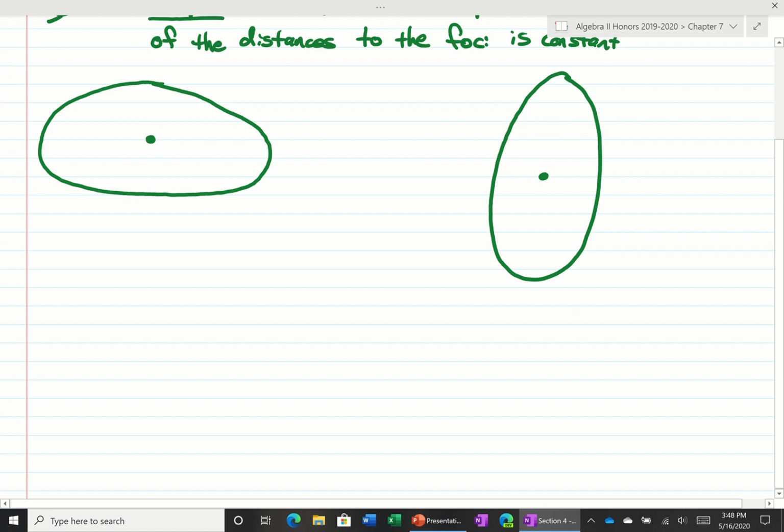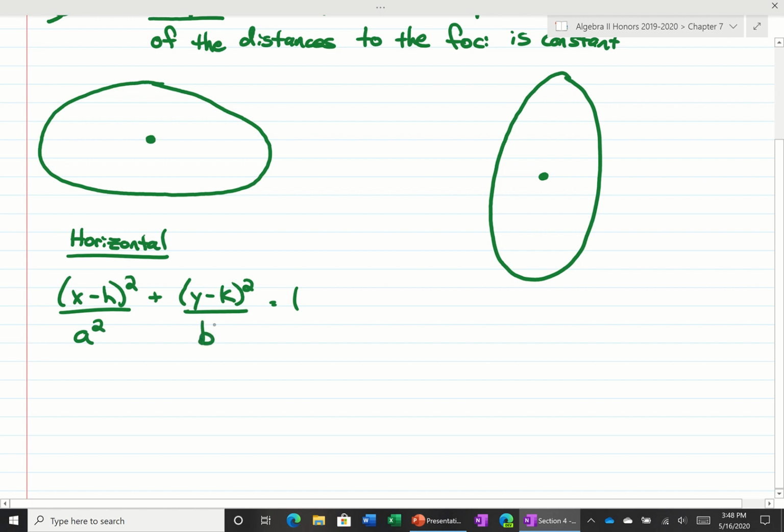The difference in the equations would be, if it's horizontal, the equation would be x minus h squared over a squared plus y minus k squared over b squared is equal to 1. We'll talk about what those mean.